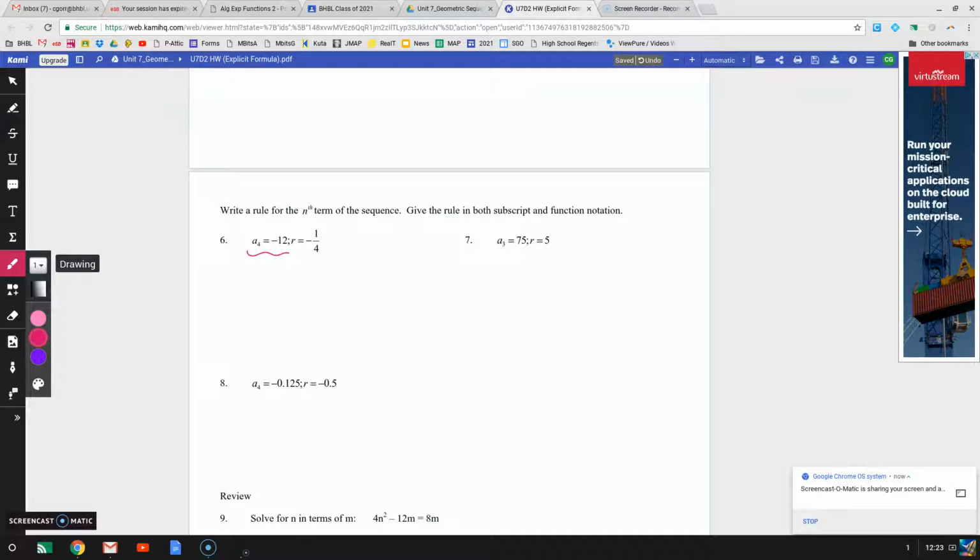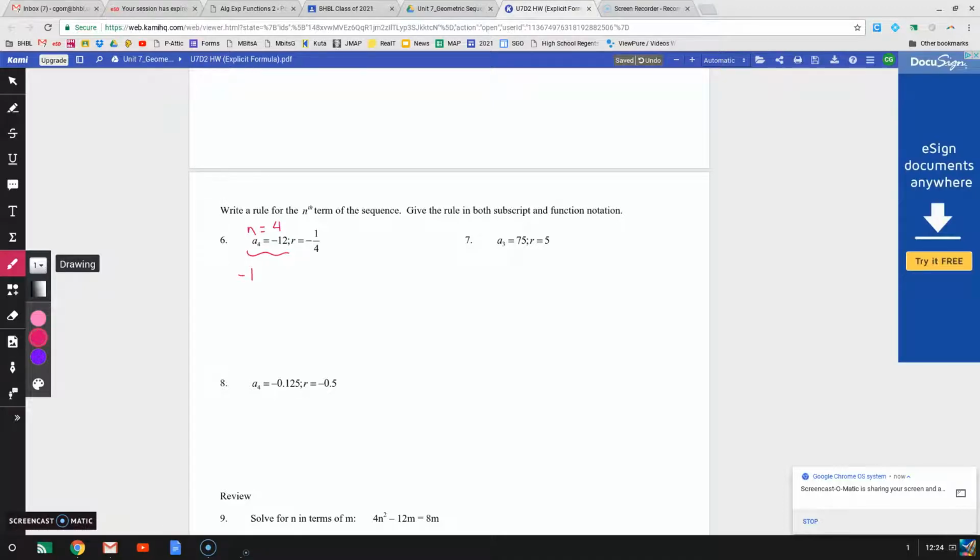Since I know that I have the fourth, I know that my n is 4. When I plug into my a sub n formula, I now know that -12 is equal to my a sub 1 times my common ratio raised to the n minus 1 power.